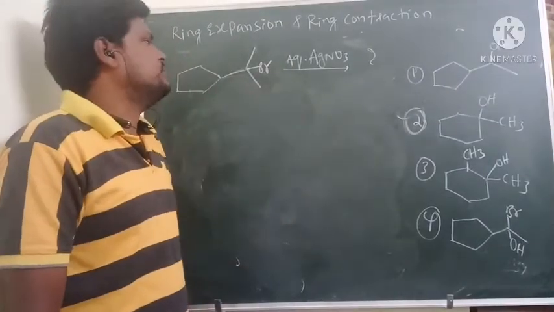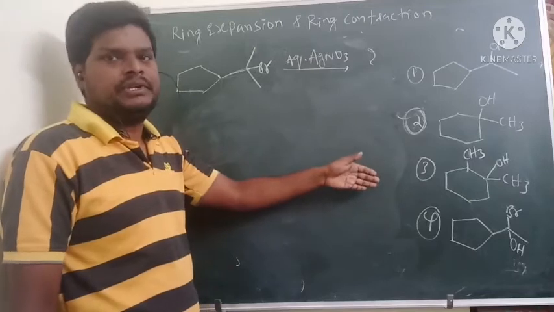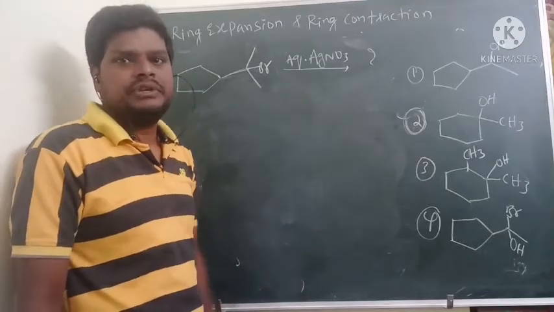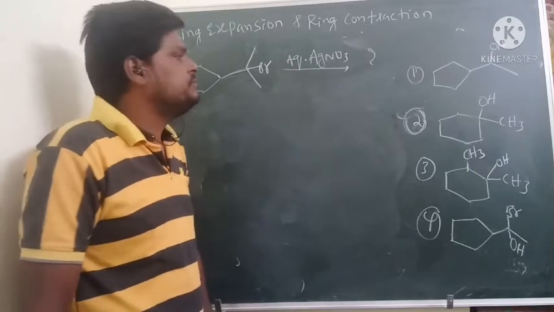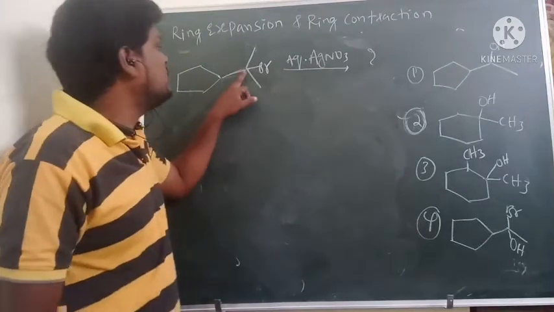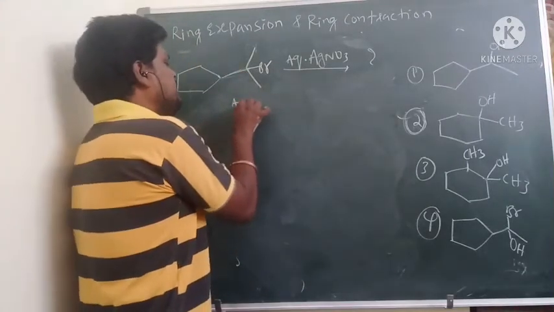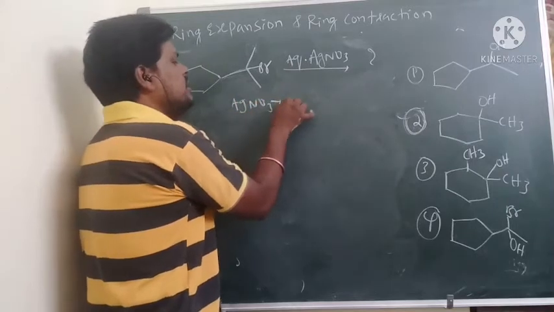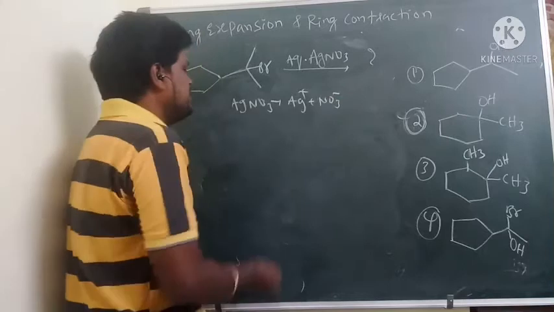Yes, next question. Which is the correct option here? Same reagent, aqueous AgNO3. We already discussed the reagent AgNO3, right? And you have to pick which is the correct option here. Look at here, this is already a tertiary carbon, right? AgNO3 decomposes into Ag plus and NO3 minus.